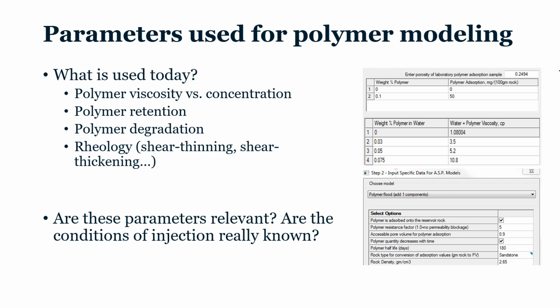For instance, if you input rheology curves, we've seen in the chapters about the lab test and polymer selection that two polymers giving the exact same rheology curves could have very different resistance factors in the core. So how do you do when it's like that? The best option would be to find a way to use in situ rheology curves, which are resistance factor versus shear. I don't know anyone who's doing that right now.